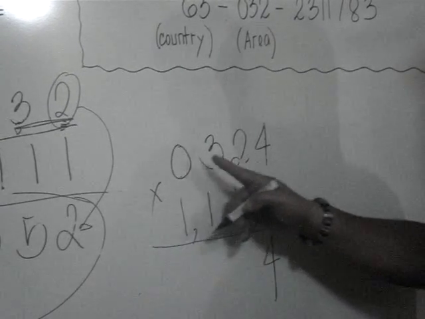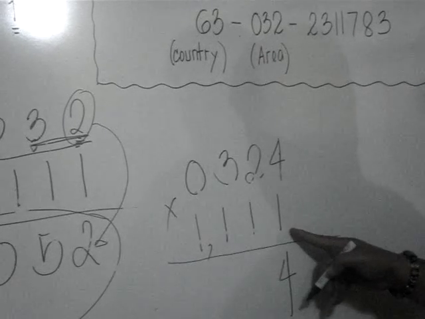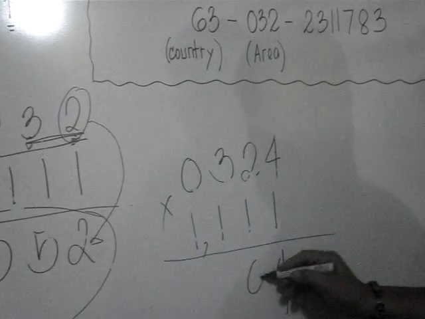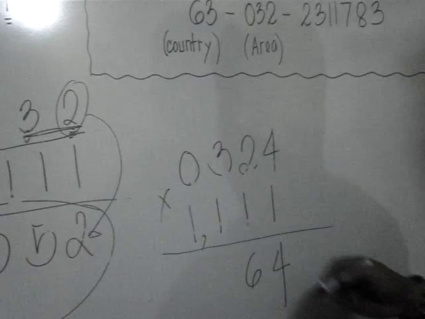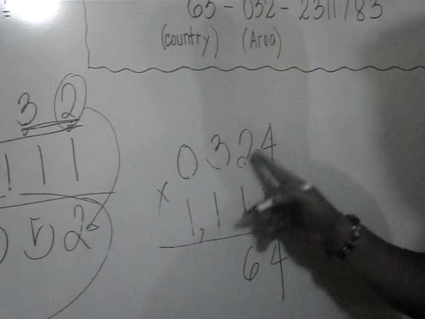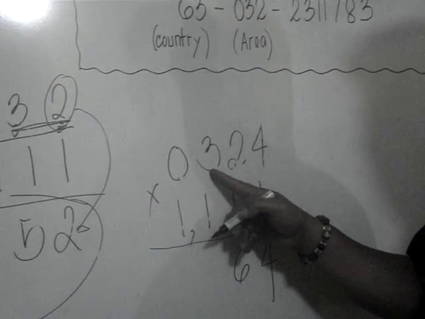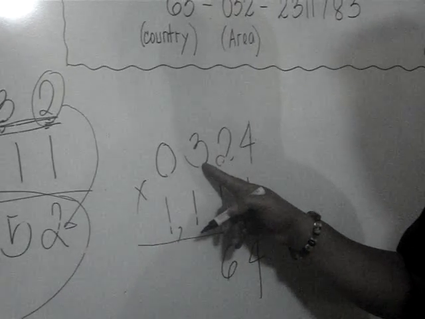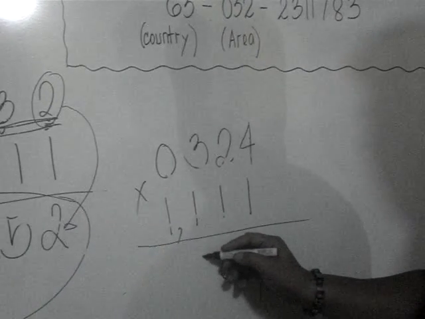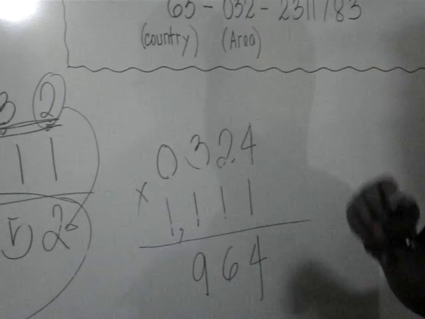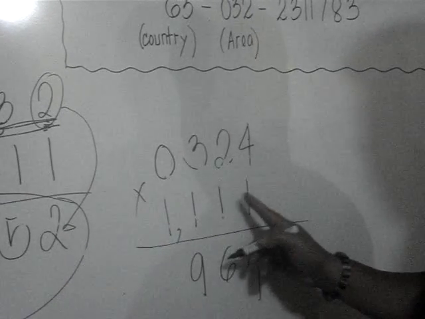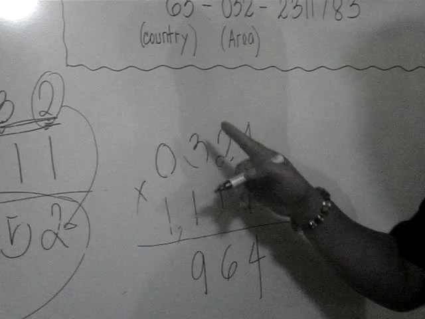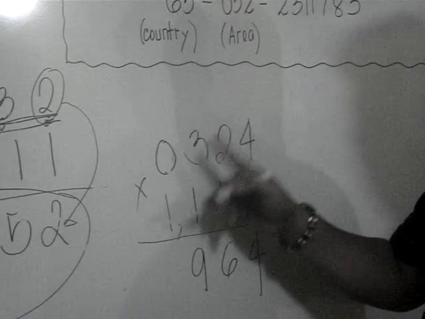Then from 3, make it 4, because there are 4. So this will become 6. And then the third one is taking 3 digits here. So this will give you 6 plus 3, and that will give you 9. Then you still have to have 4, because there are 4 here. You add this one and that one, and again, will give you 9.